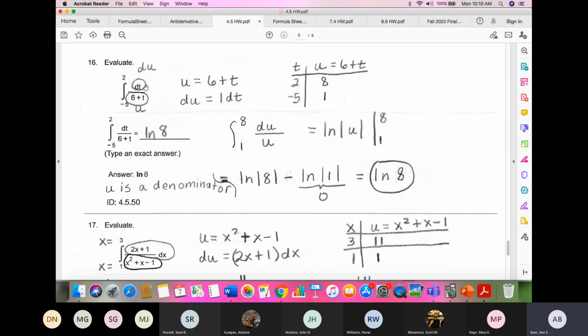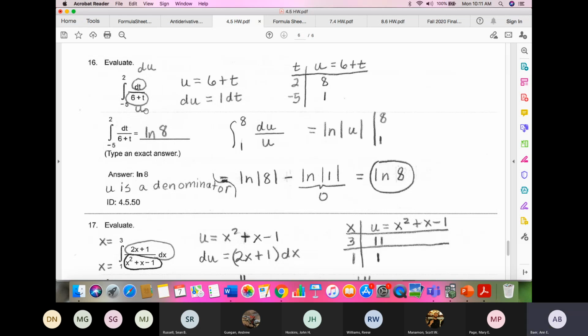So let's look at this here. dt times 1 is dt. dt is just du. So we're going to take out dt and replace it by du. Then we're going to look at the denominator here. It's 6 plus t. 6 plus t is exactly u.